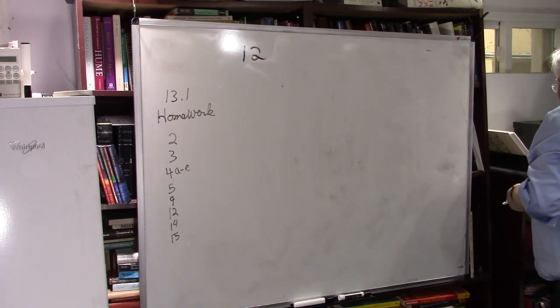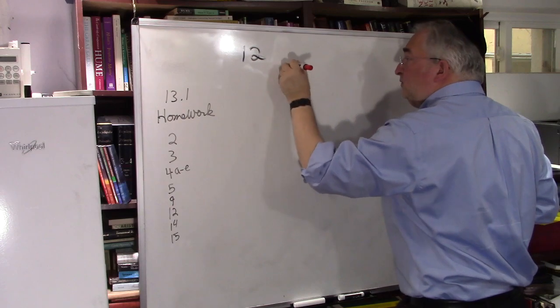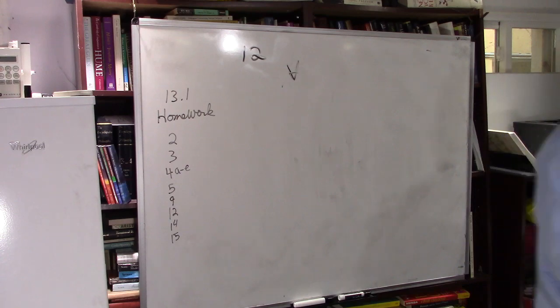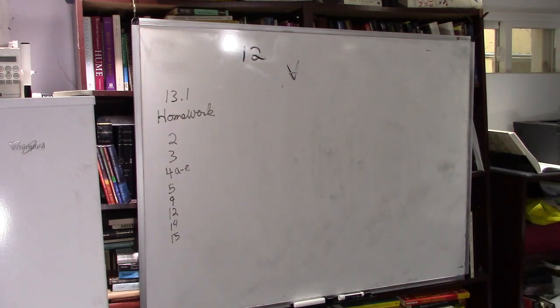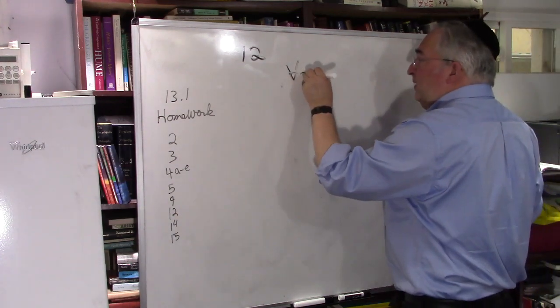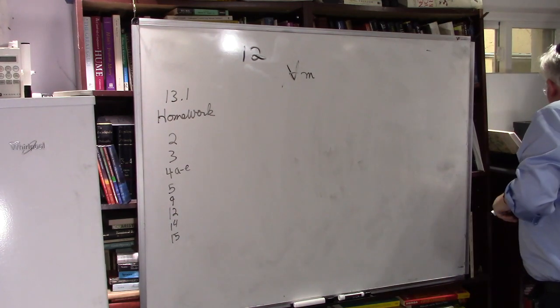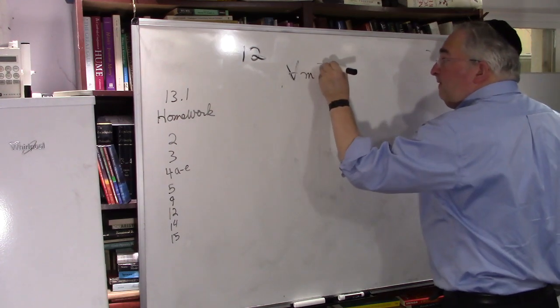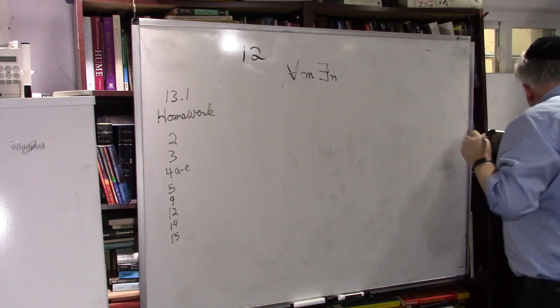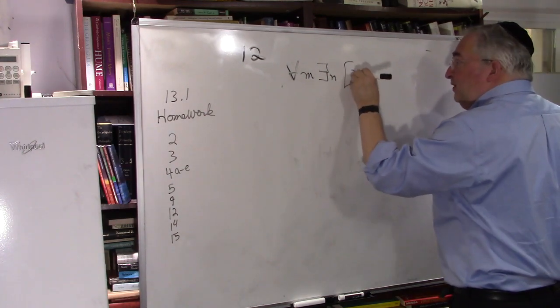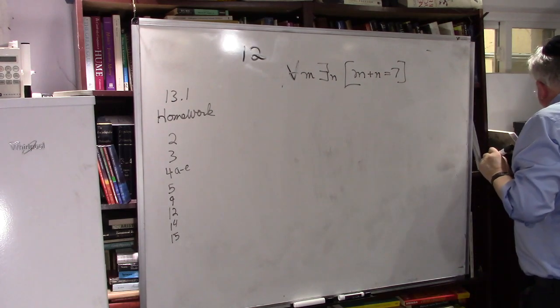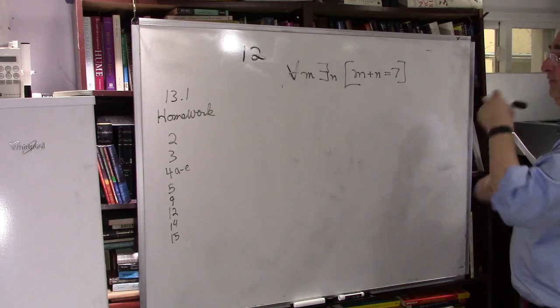Consider the proposition: for all m, there exists an n such that m plus n is equal to 7. Is the proposition true for the natural numbers?